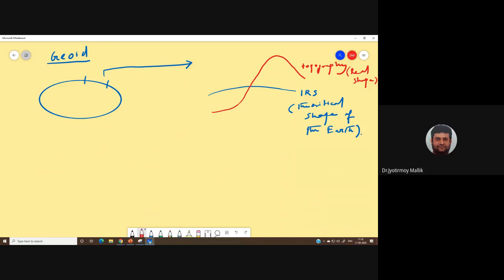Now, the IRE, we also said, is the equipotential surface. This is the theoretical equipotential surface. Sorry, let me use the blue color. The IRE is also the theoretical equipotential surface, right?